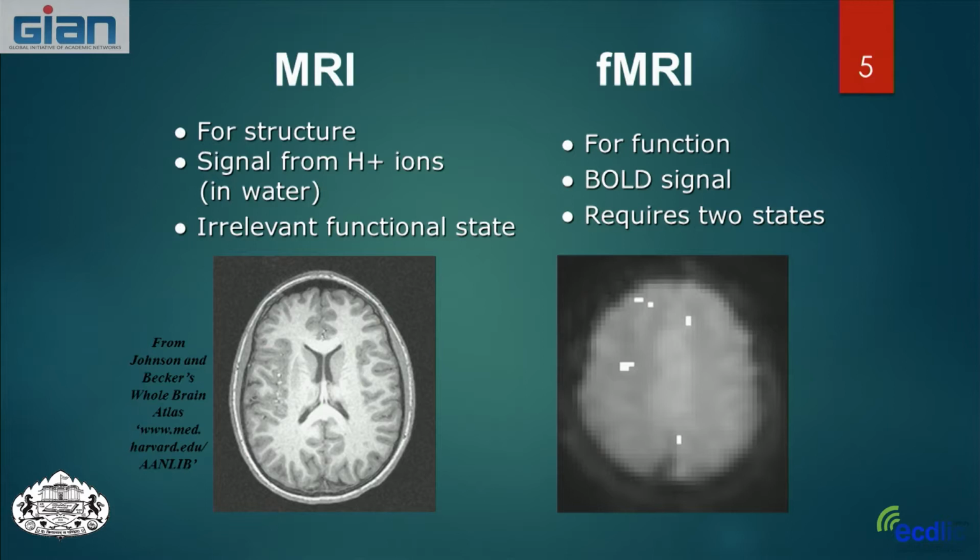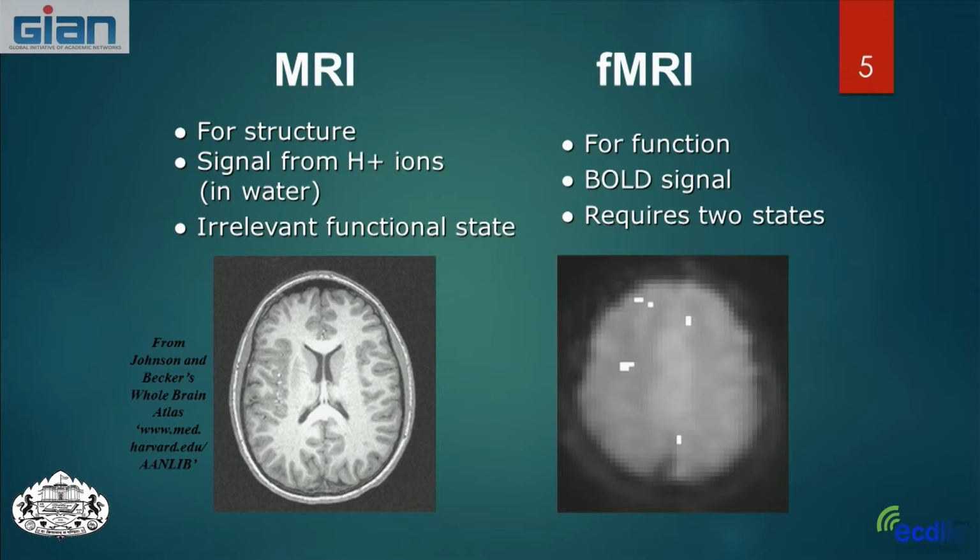I know we've talked quite a bit about regular MRI, so I just want to show here the difference between MRI and functional MRI. Again, as we mentioned before, MRI is for structure. The signal that we see from MRI is from hydrogen ions that are present in the water in the tissues.